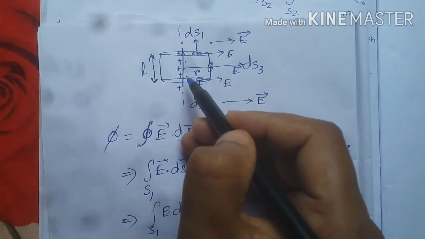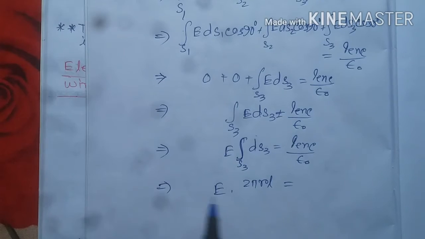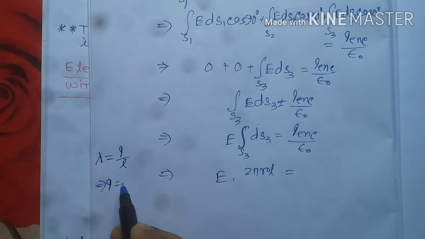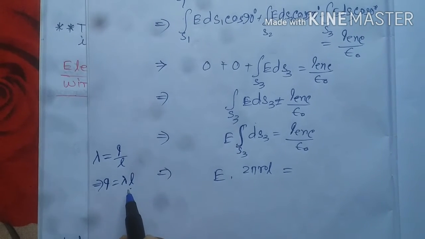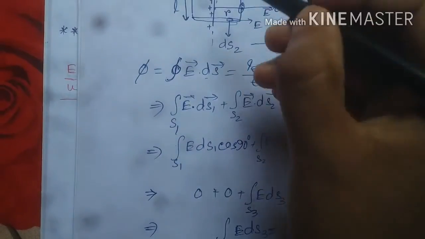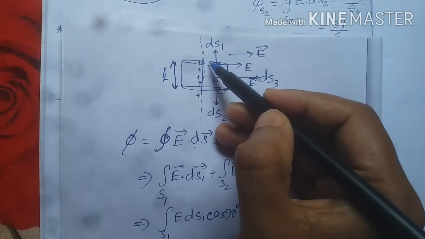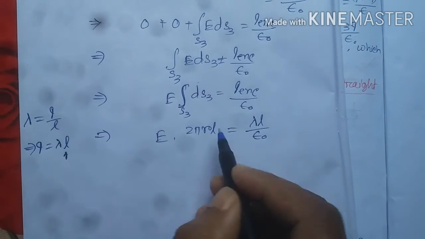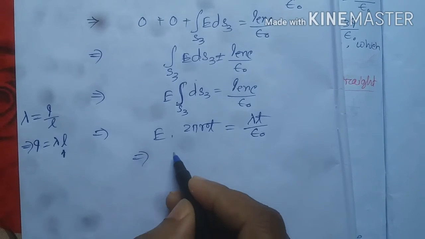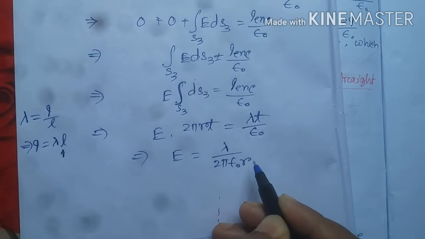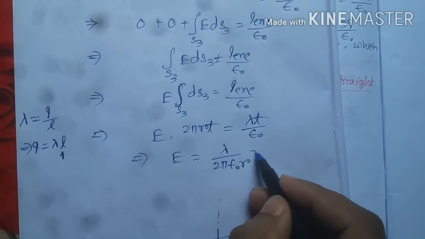Lastly, we have discussed that the linear charge density lambda equals Q by L, and Q equals lambda L. So the charge for a length L of the wire is lambda into L. So the charge enclosed within this cylinder is lambda into L, divided by epsilon naught, and this L will get cancelled, and we will get E equals lambda by 2 pi epsilon naught r, and the direction of this electric field will be radially outward.